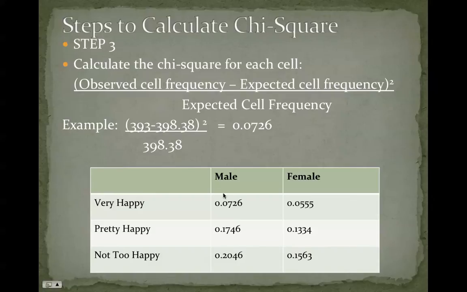So here I have 393, which was my observed cell frequency for male and very happy. The expected was 398.38, and I'm squaring the difference and dividing it by the expected cell frequency, which is 398.38.